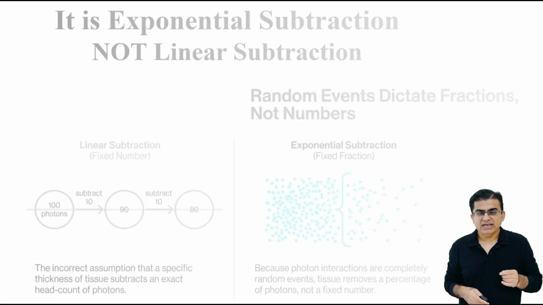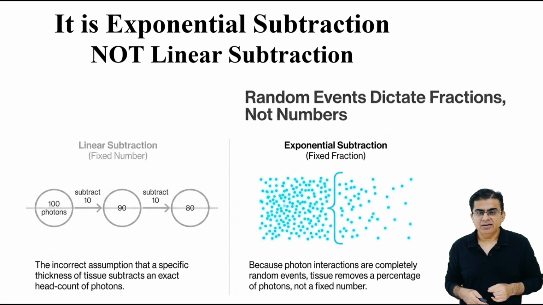We must first correct a very common misunderstanding among beginners. Many of you assume that a specific thickness of tissue will always subtract an exact same number of photons. Let us look closely at the calculations on the left side of your screen.